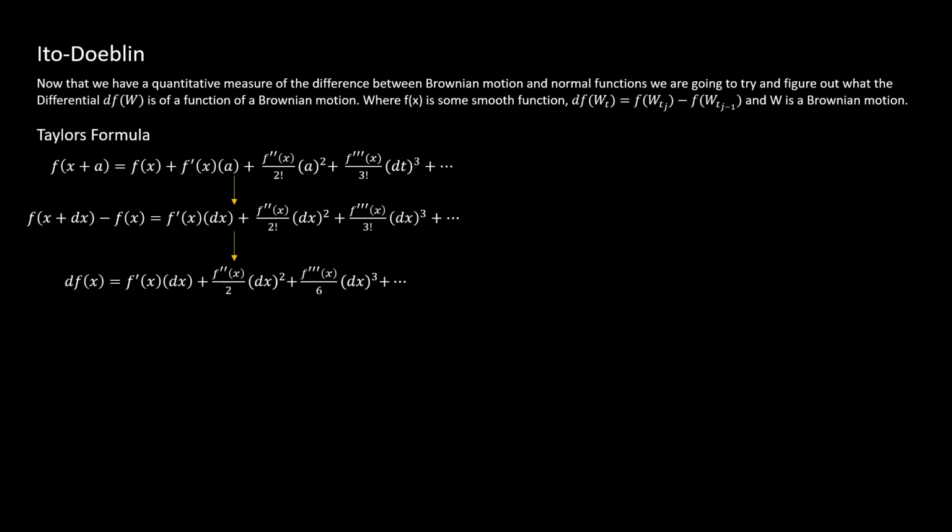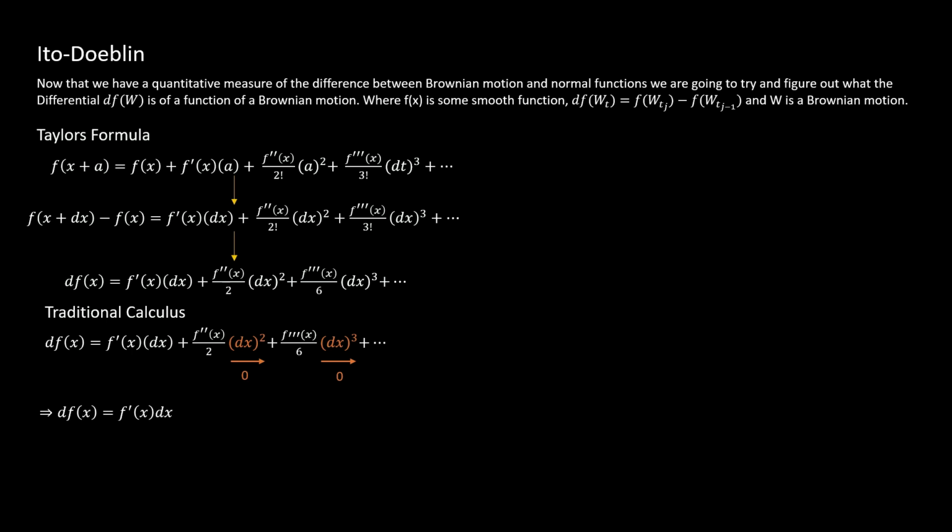Now, as we've seen for traditional calculus, this dx squared term and the dx cubed term will both go to 0, as they have a quadratic variation of 0. Continuing this down, we get the differential of a function of x as follows.